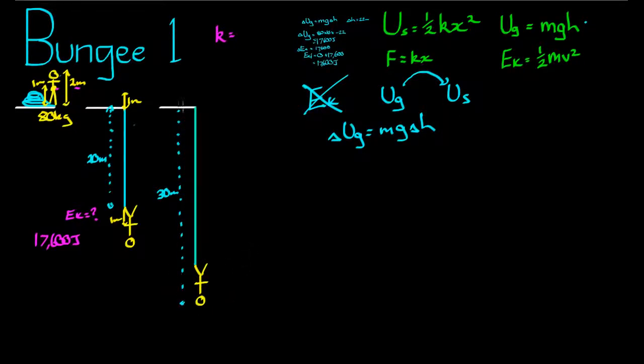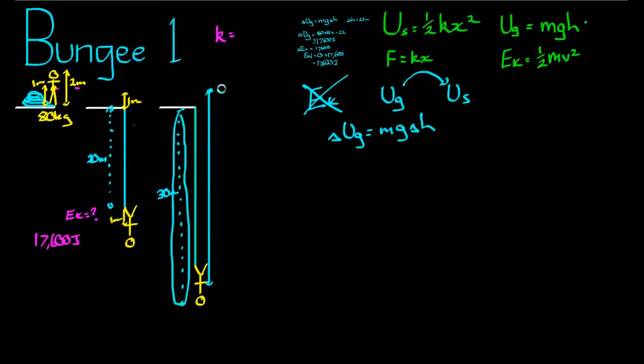Now it's 30 meters from the platform to their head. That means there is also 30 meters from their old center of gravity to their new center of gravity. You can see that this line here and this line here are actually the same length. So this end is 1 meter higher than this end. That's a 1 meter gap there.